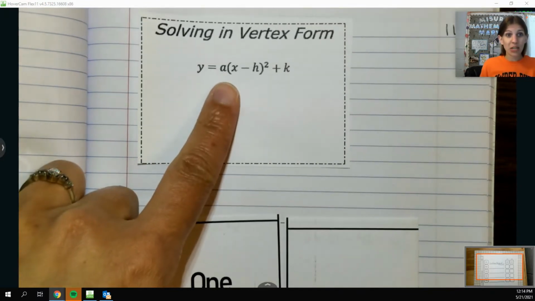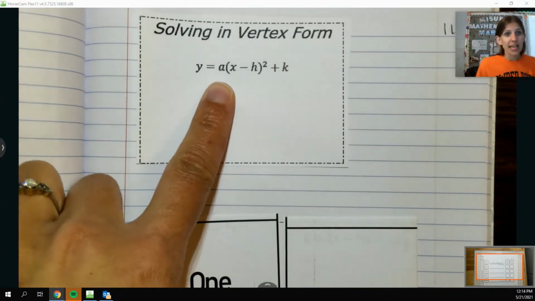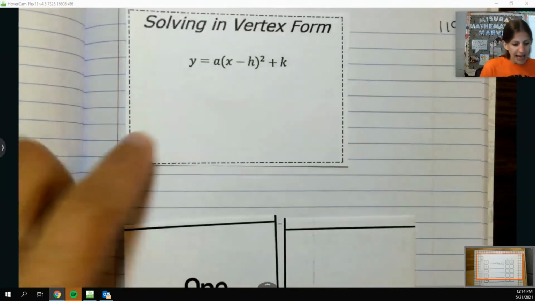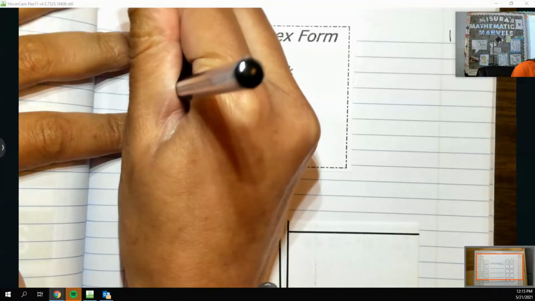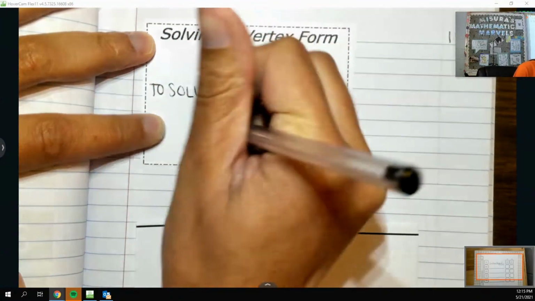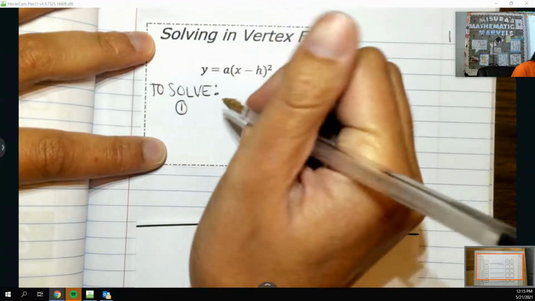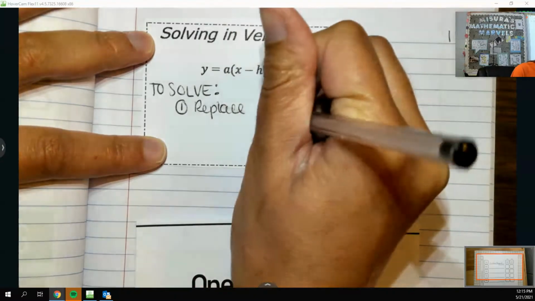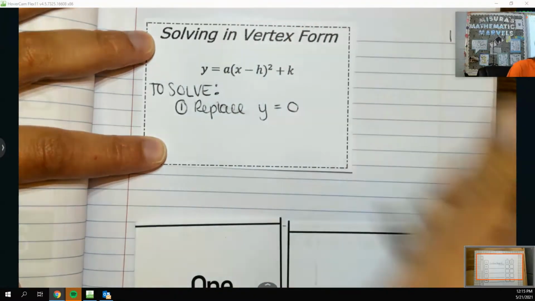So when I'm in vertex form, if we remember, that's y equals a(x minus h) squared plus k. So to solve, whenever I'm trying to solve, our first step is to always replace y with 0.